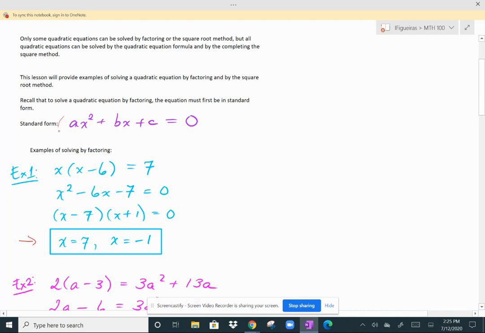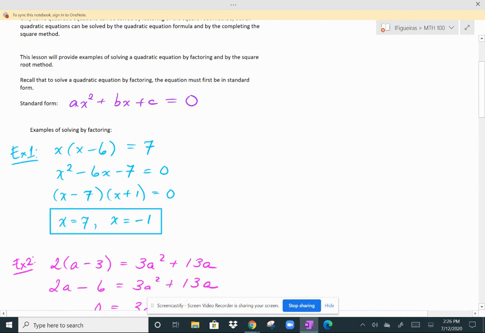So second degree polynomials, the degree tells you how many solutions to expect. The only exception is if you happen to get the same solution twice. So in other words, the same factor twice, and then you would only have one solution.